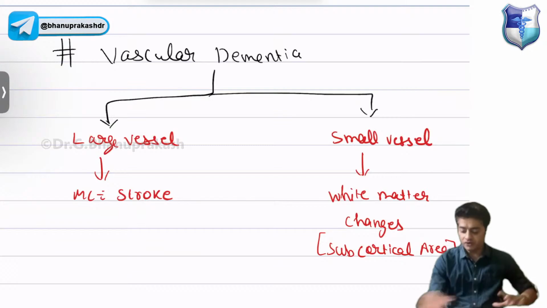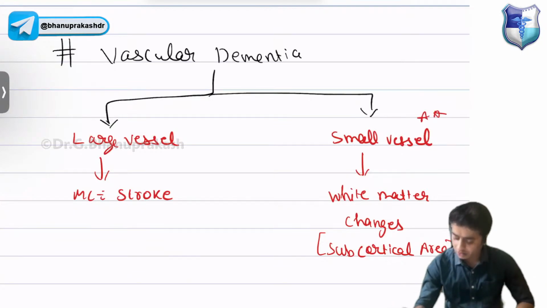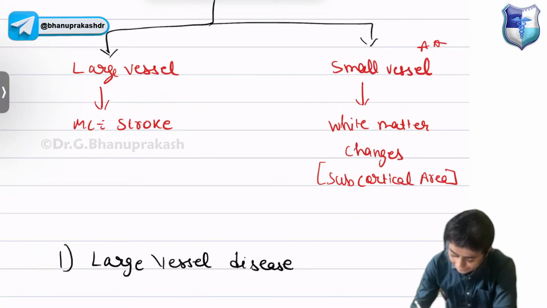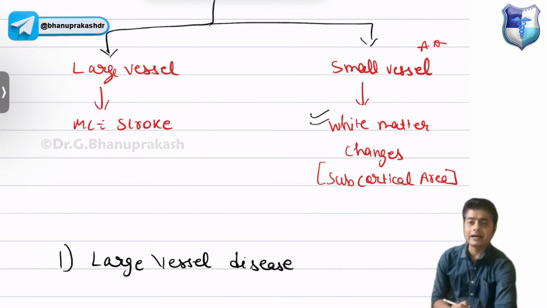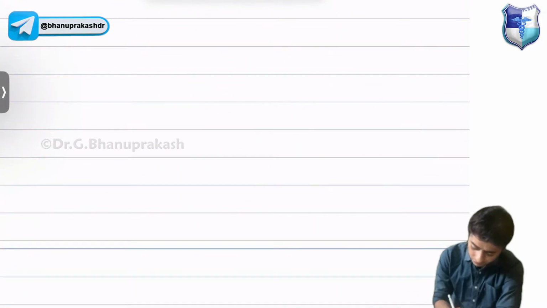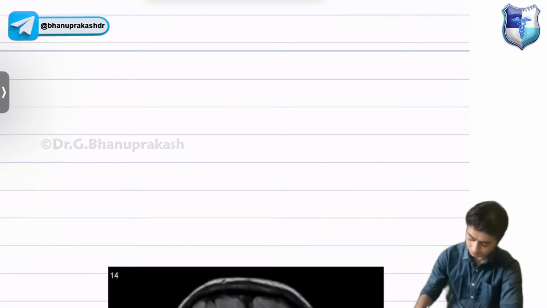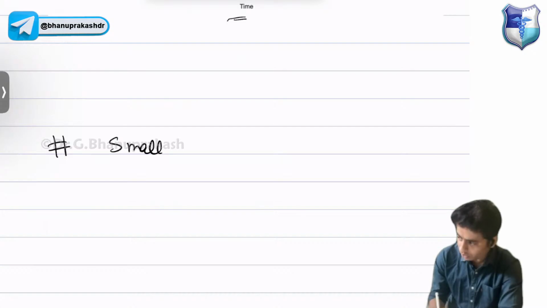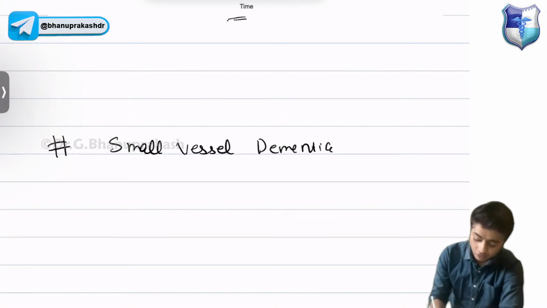After completing large vessel, we will move on to small vessel. In small vessel, I have told you that it affects the white matter. Now see, small vessel dementia. ठीक है?